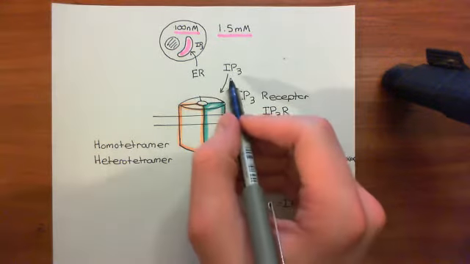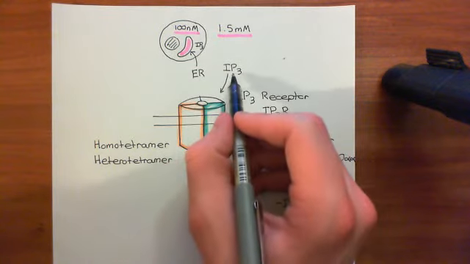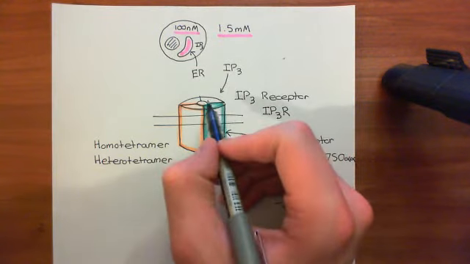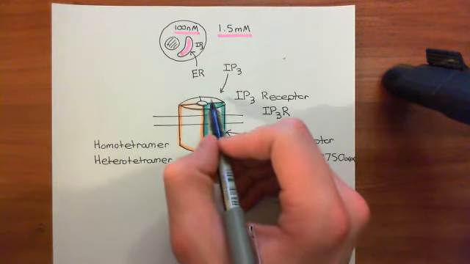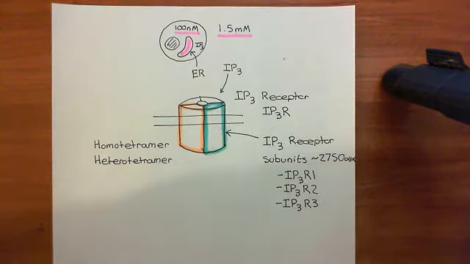Now, what I was saying is that you don't actually need all of the IP3 receptor subunits to bind IP3. I think the minimum requirement is that at least 2 of them have to bind IP3 for the channel to open.